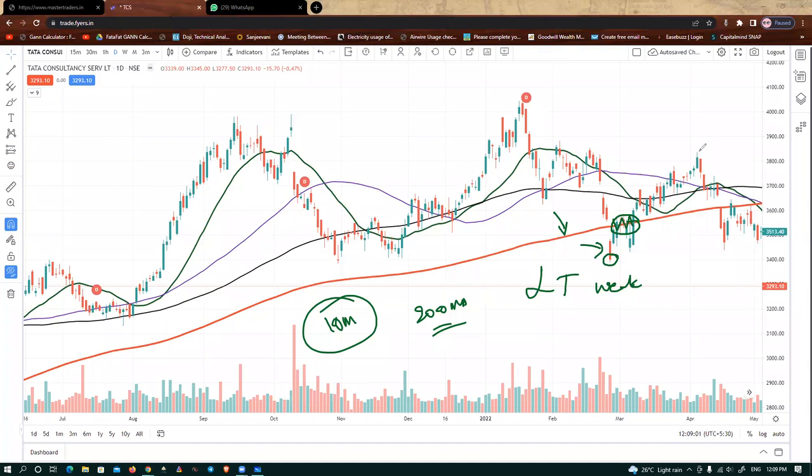When it goes above all these, again it is strong.